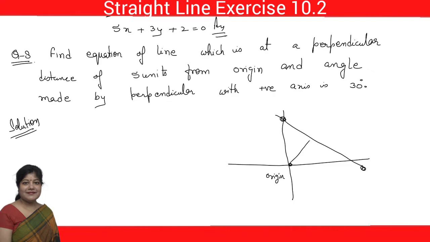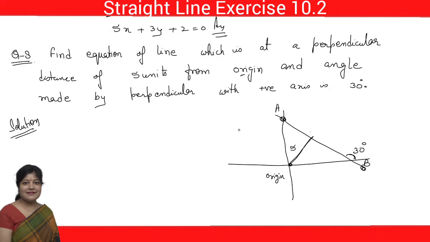From the origin, its perpendicular distance from the line is 5 units. Like this is the line AB, and the perpendicular makes an angle with the positive x-axis of 30 degrees.